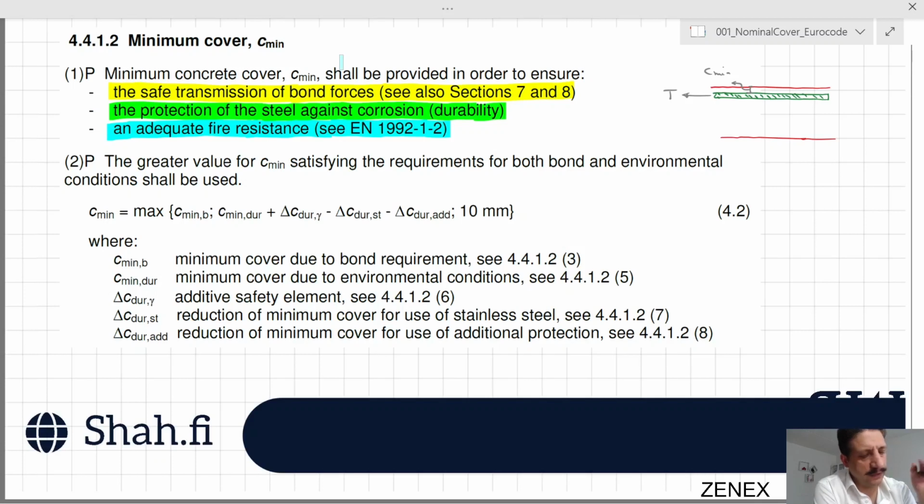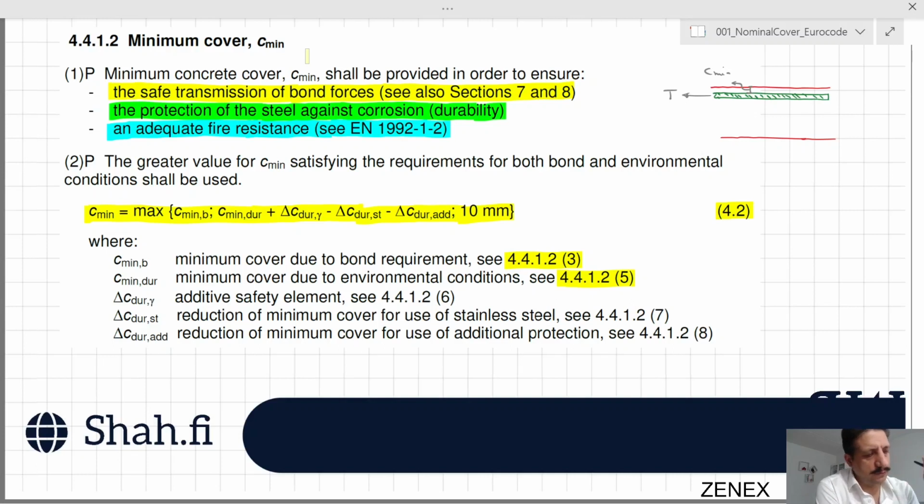So c min is given by equation 4.2: the maximum of 3 values: c min,b, which is related to bond, c min,dur, and 10 millimeters as a constant number. c min,dur can be found in clause 4.4.1.2(5), and the additive safety element, reduction of minimum cover for use of stainless steel, and reduction of minimum cover for use of additional protection, can be found in the relevant clauses as written in the Eurocode.